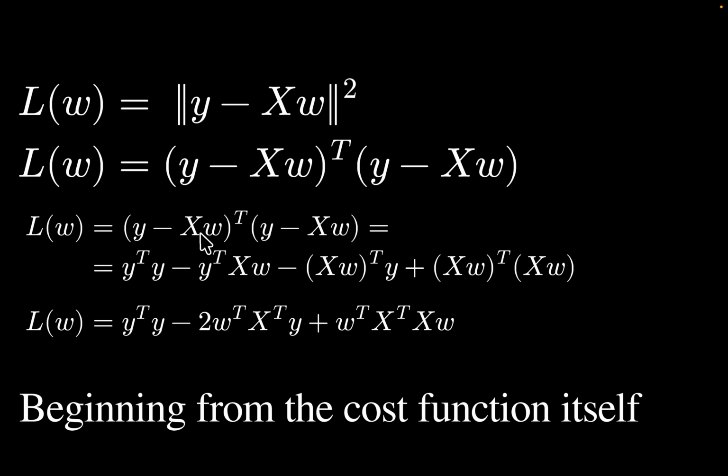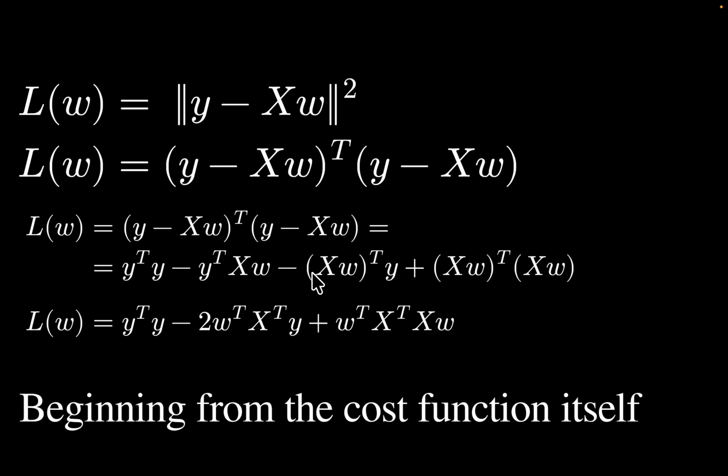Then we open the brackets: (y minus xw) transposed equals y transposed minus (xw) transposed. And we need to understand that (xw) transposed equals w transposed x transposed.